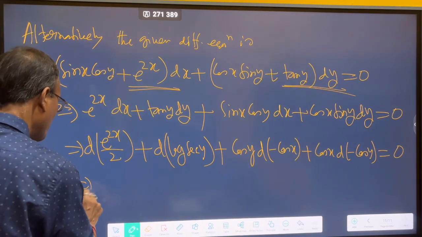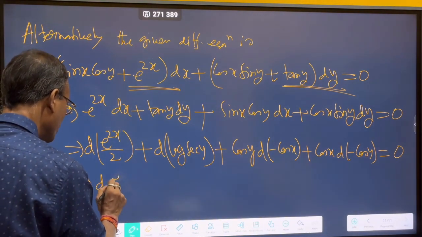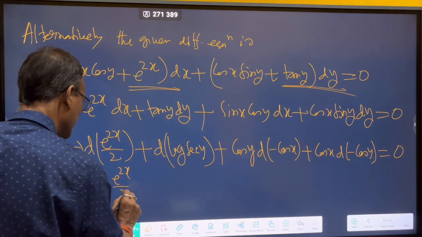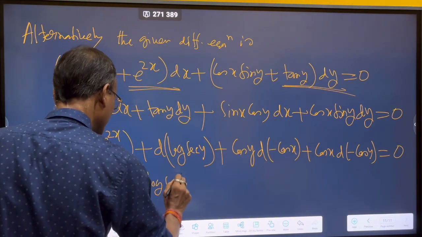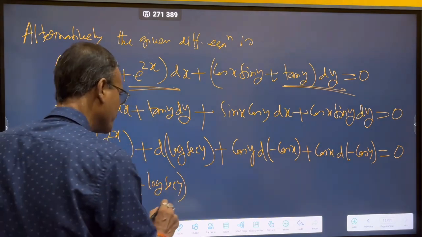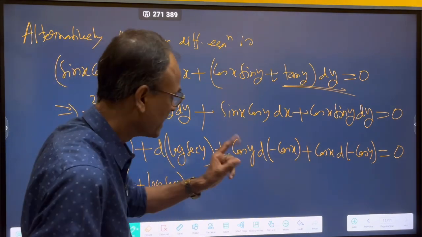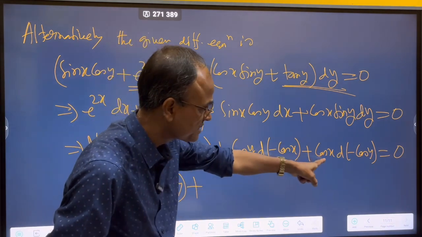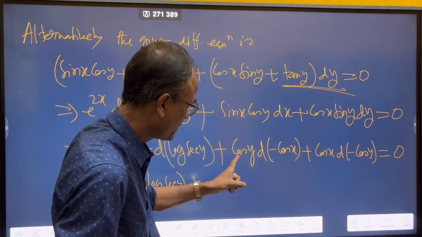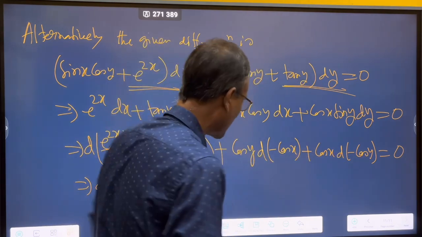For the first two terms, you may write e to the power 2x by 2 plus log of sec y. Plus, here you see, minus cos x, it is plus cos x, plus cos y, it is minus cos y.